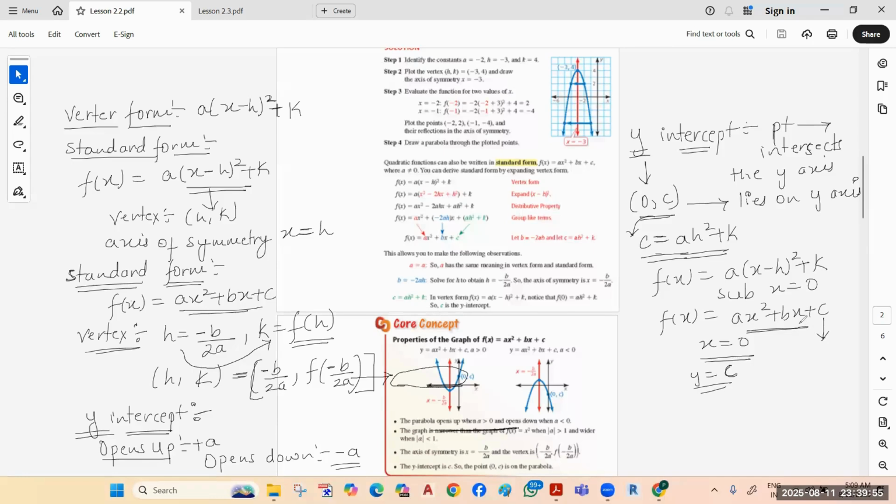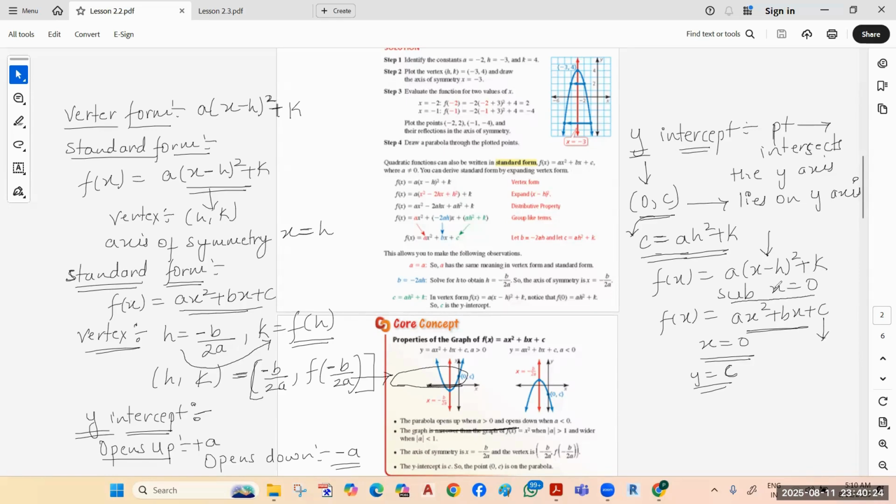So in any function, if you want to find out the y-intercept, what is Pranav doing? Whatever may be the form of the function, whether it's the vertex form or the standard form, how is Pranav going to find out the y-intercept? You can substitute x equal to 0.